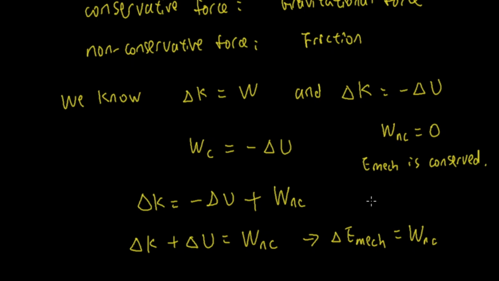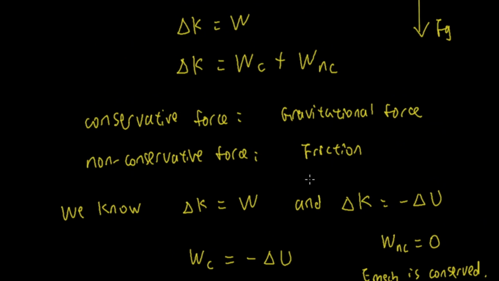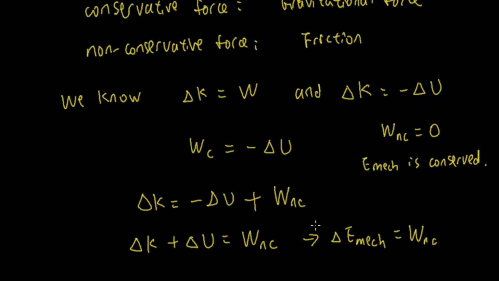In other words, there cannot be an external force such as friction, right? Non-conservative force to act on the system. Okay, now, again, in this situation, this is only an isolated system of an object with mechanical energy.